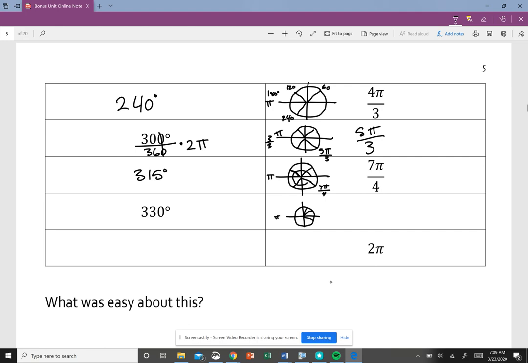So that would be 1, 2, 3, 4, 5, 6. So there's 6/6, 7/6, 8/6, 9/6, 10/6. So this would be 11 pi sixths. And then 2 pi, as we hopefully all know, should be 360 degrees.